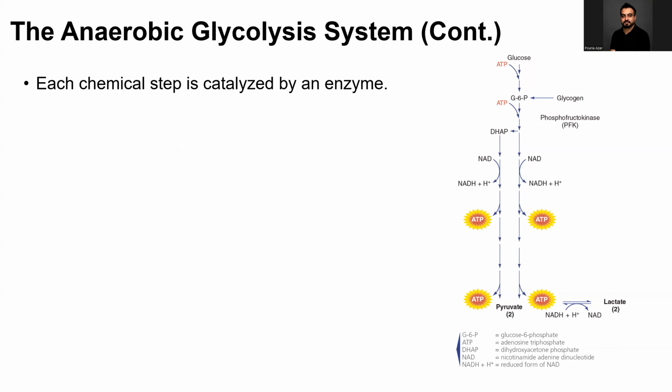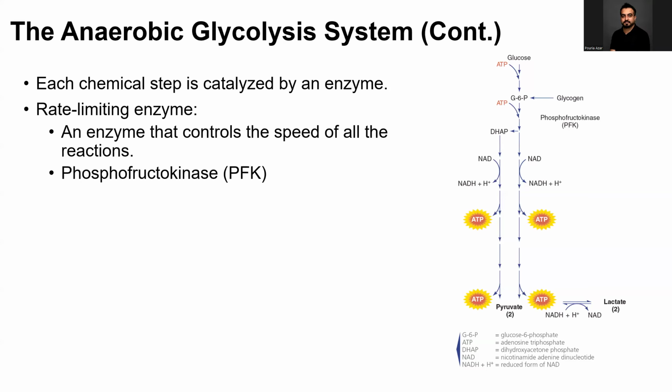And each chemical step is catalyzed by an enzyme. Recall from the creatine phosphate, that was just one chemical step, but we had one enzyme, which was creatine kinase, or CK. So here in the glycolysis system, each chemical step is also catalyzed by an enzyme.